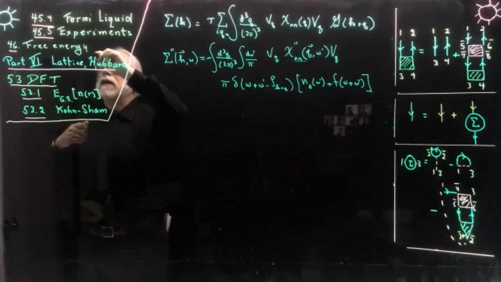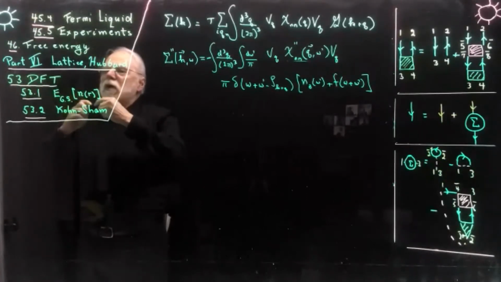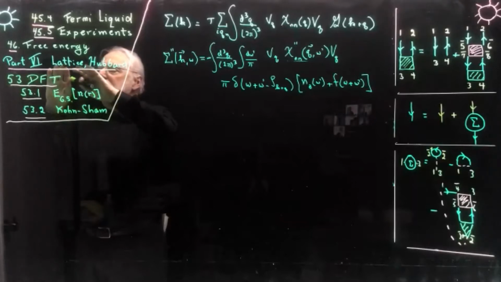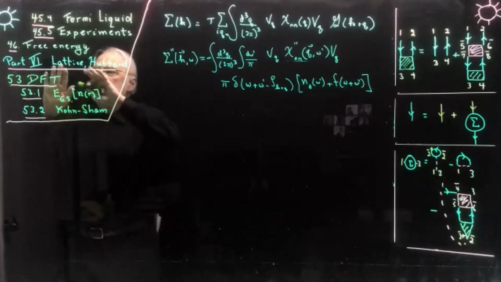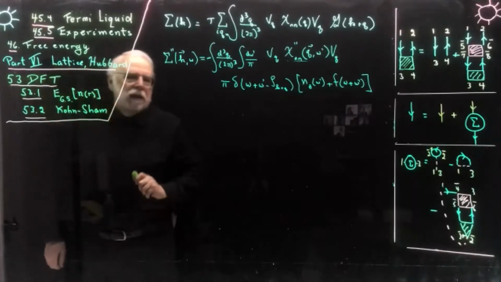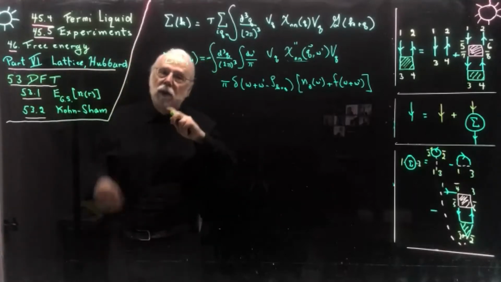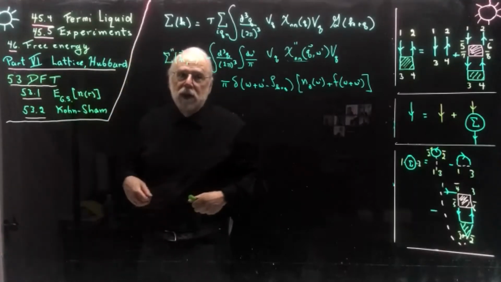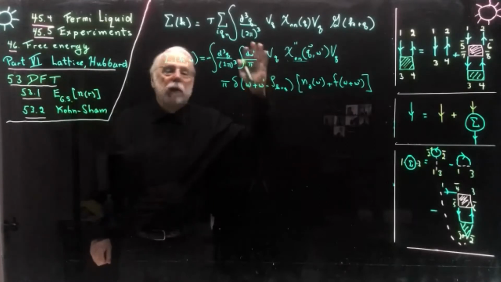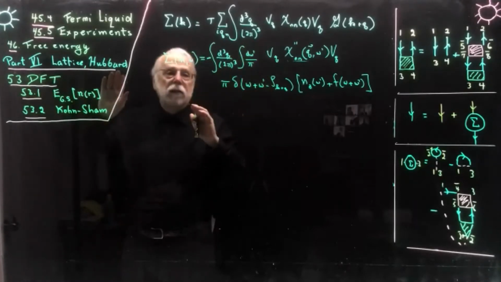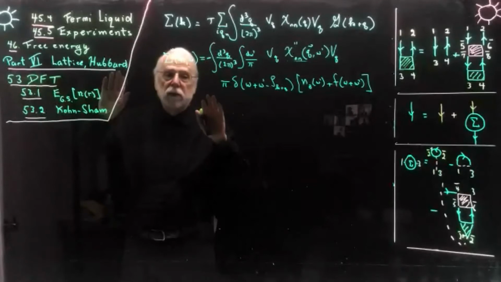And finally, we will move to lattice electrons. So we put the lattice back, and then we have a whole set of new problems. So we will work with the screened interaction that leads to the Hubbard model, as I will show you.